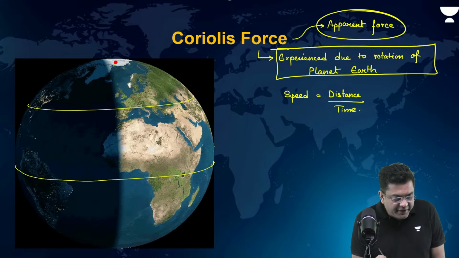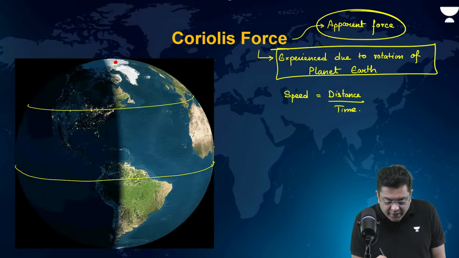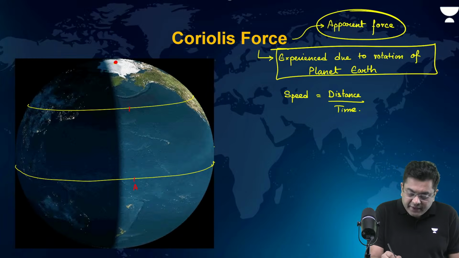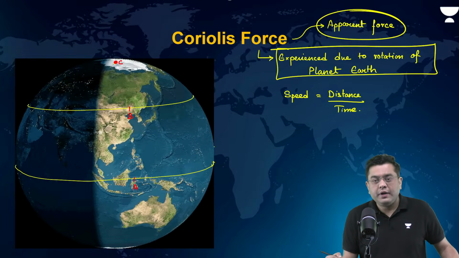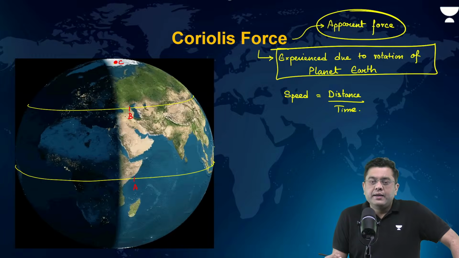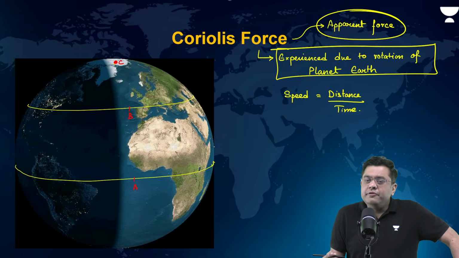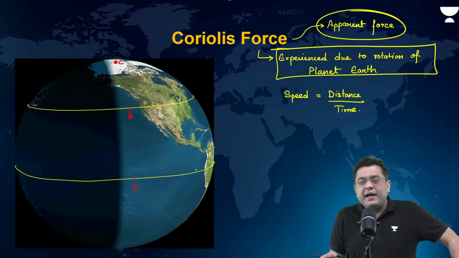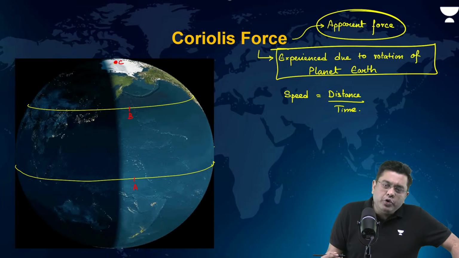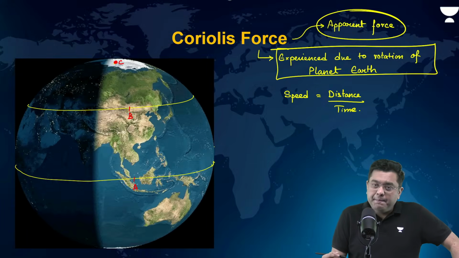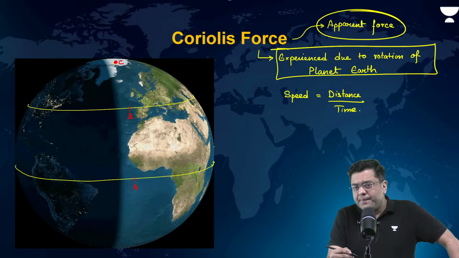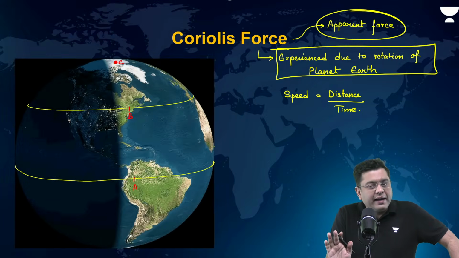Let's mark different places here: A, B, and C. Now, in one rotation, what is the distance covered by A? In one rotation, what is the distance covered by B? And in one rotation, what is the distance covered by C? That is what we will calculate.